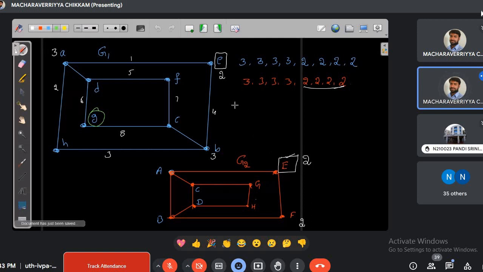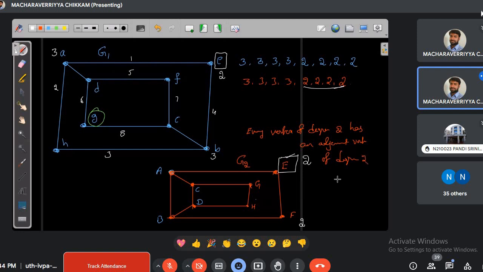So here what we can say is every vertex of degree 2 has an adjacent vertex of degree 2 in G2. Okay, but it is not true in G1.